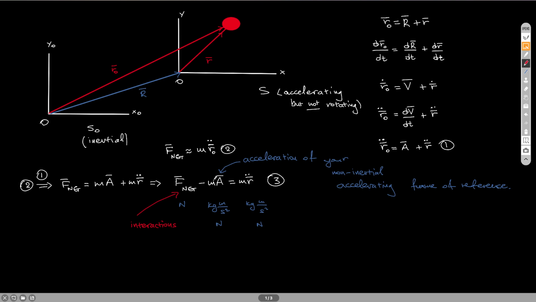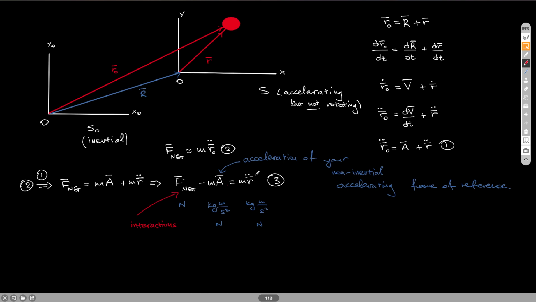with respect to the non-inertial frame of reference. Now, another question, more important, is: does this term matter for the motion of your system, of your object, with respect to the non-inertial frame of reference? Yes, it does.